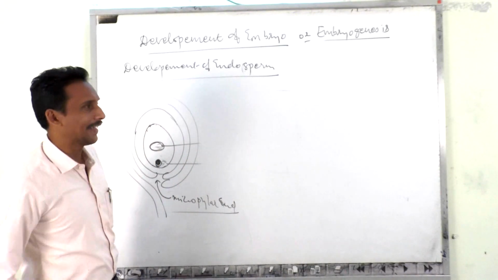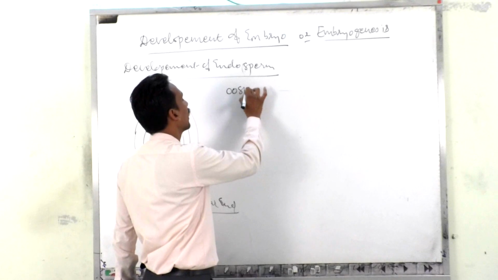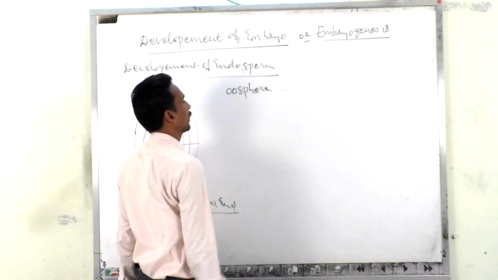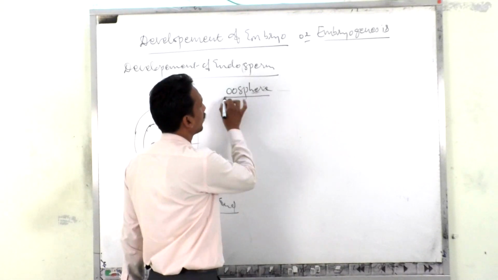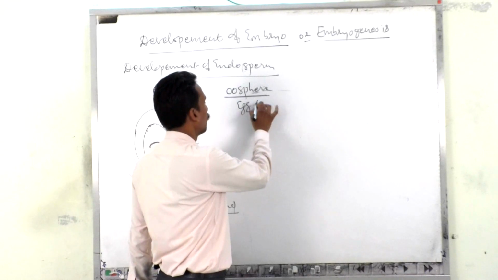So first of all, what has happened is that the oosphere is nothing but the egg, which is haploid.